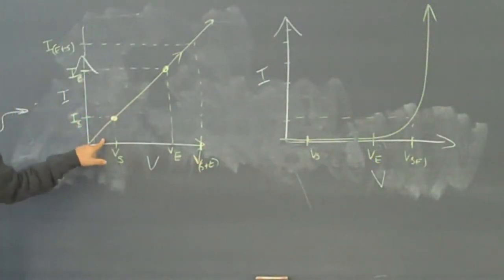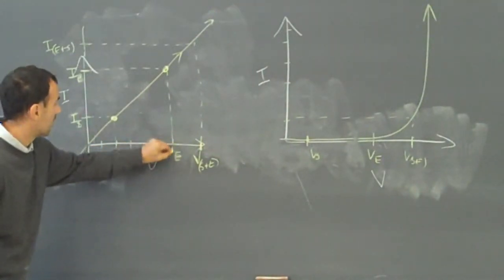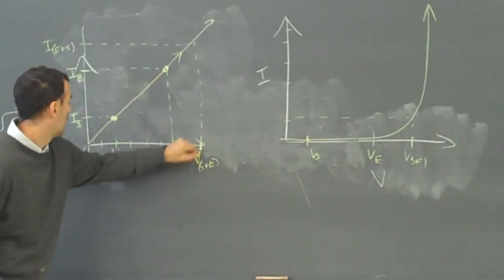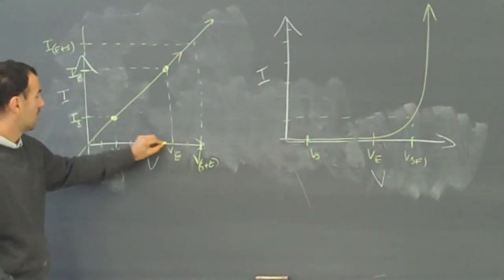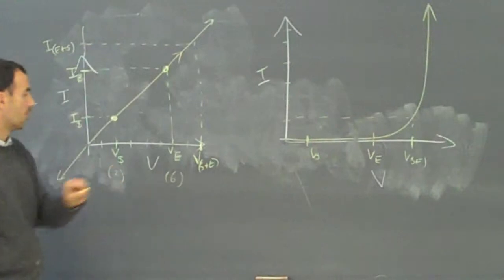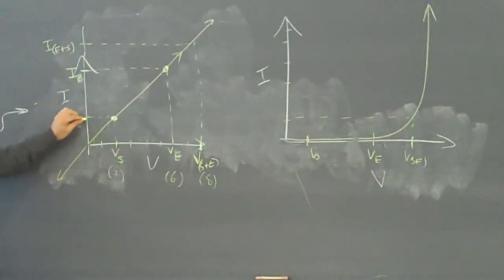Over here, they did add up. If I put some values on here, V Sean will be 2 volts. V Edgardo will be 6. So the combined would be 8. Let's say this current is 1 amp.